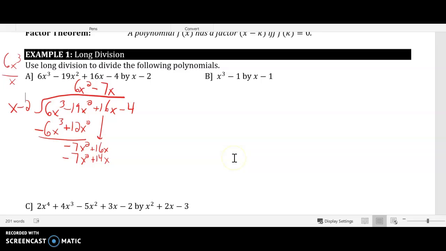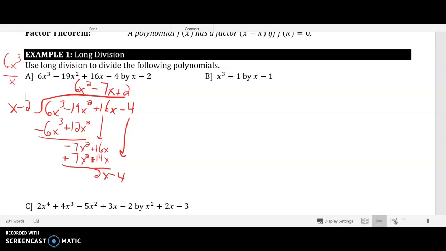Sorry about that. And then we've got to change our signs. So this becomes addition, and then this does become subtraction. Then you get 2x. Now, don't forget to bring down your next number. How many times does x go into 2x?